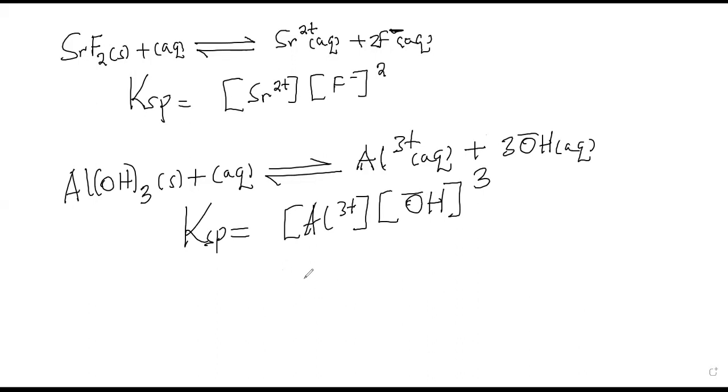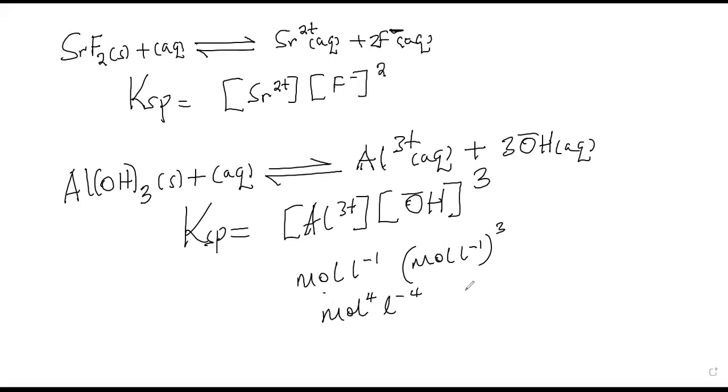So if we look at the units, let me now use moles per liter. This is moles per liter, and this is moles per liter also, but to the power 3. So it will be moles power 4, because this is moles cubed, then liter power negative 4. That's what you would have for aluminum hydroxide.